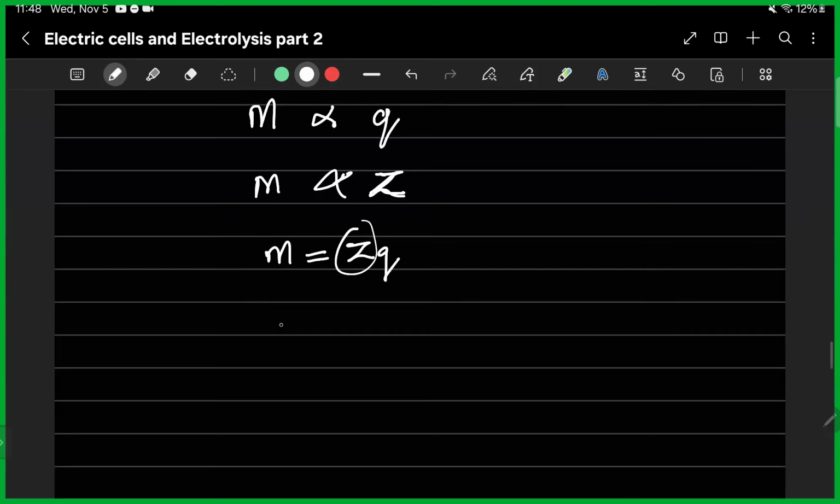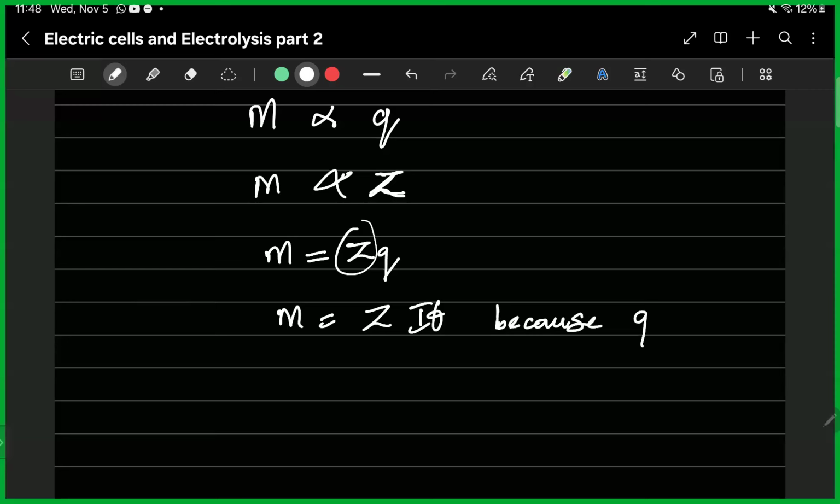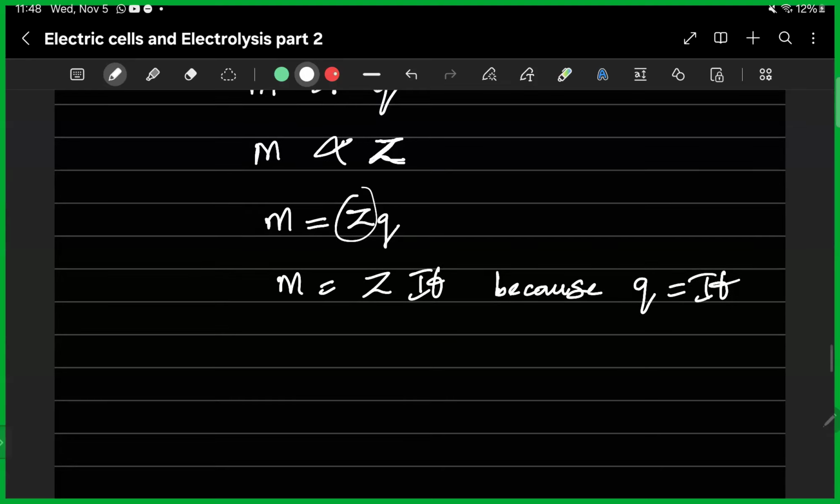So we now have mass as ZIT, because Q, the charge, is equal to I times T, current times time. So M equals ZIT is the main formula here. Please keep that in mind. You can be asked any question from it.